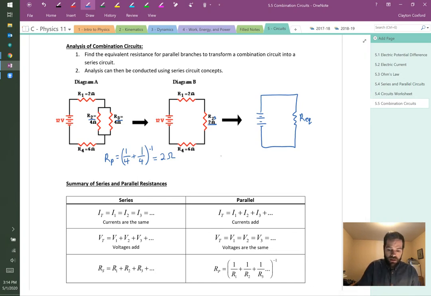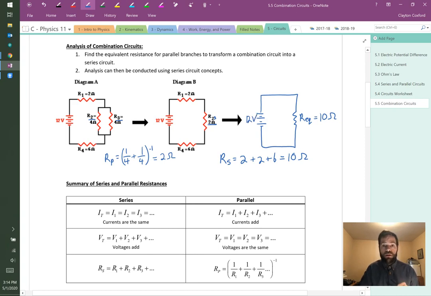To do that, we can see here in this middle circuit diagram, we have 3 resistors in series with each other. So to find the sum of all of those resistances, we just add them together. So it's going to be 2 plus 2 plus 6. We have 10 ohms of equivalent resistance here. So this is 10 ohms of resistance to this 12-volt battery. So that is how we are going to reduce the circuit down.